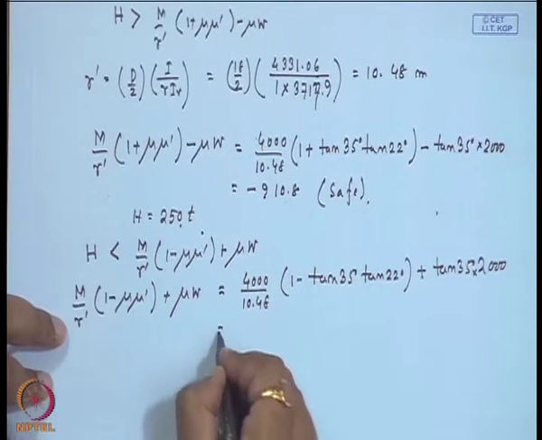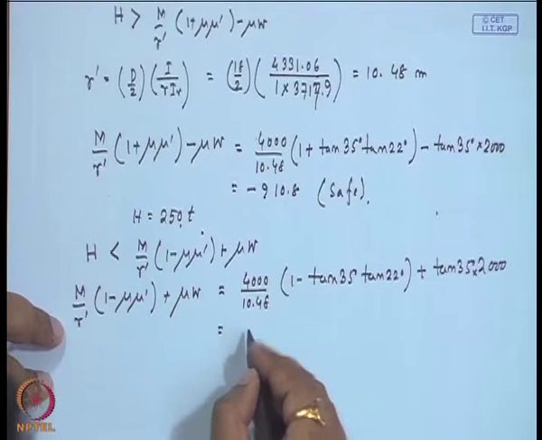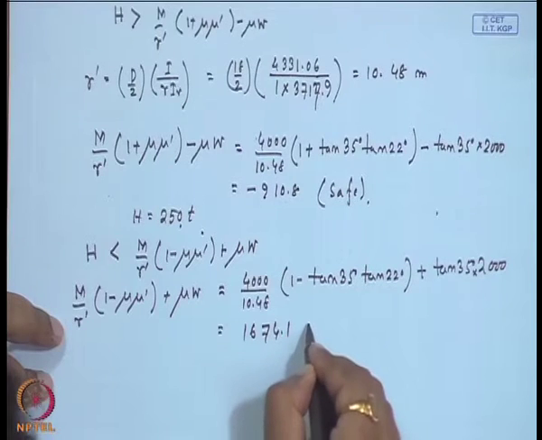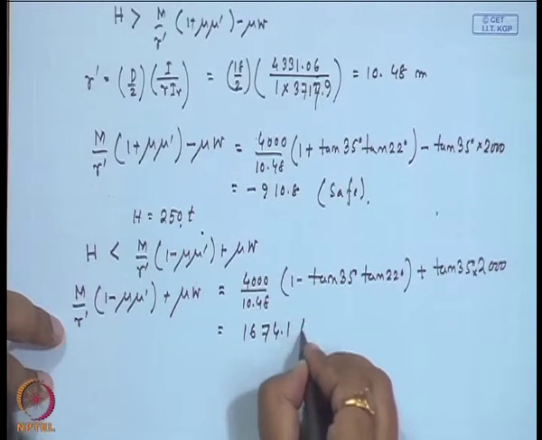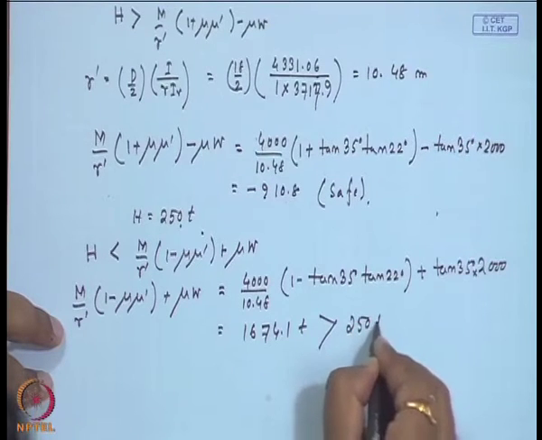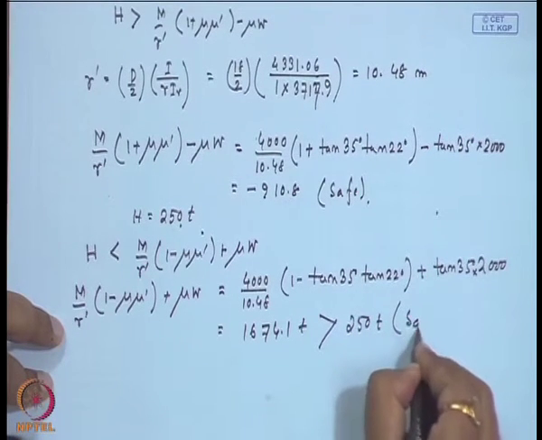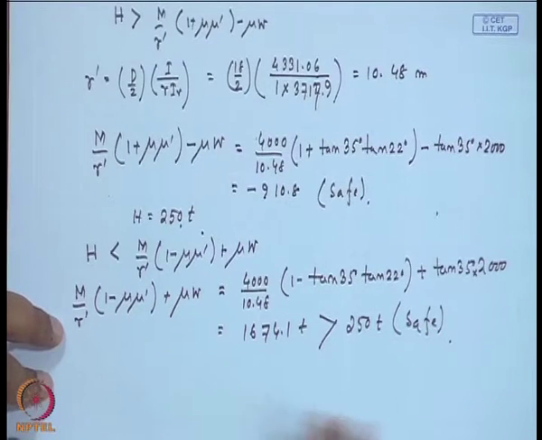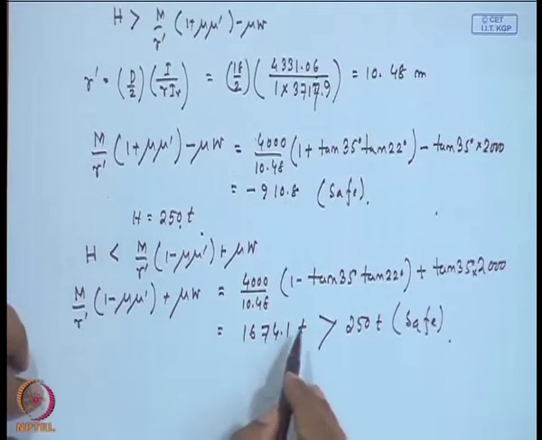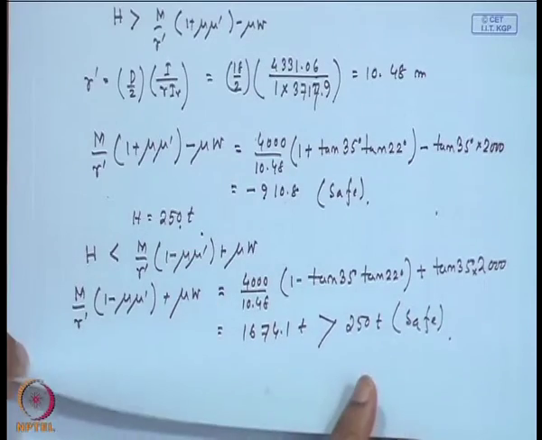So, this value is coming out to be 1674.1 ton, which is greater than 250 ton. So, it is safe. So, we can say that these two checks have been done.